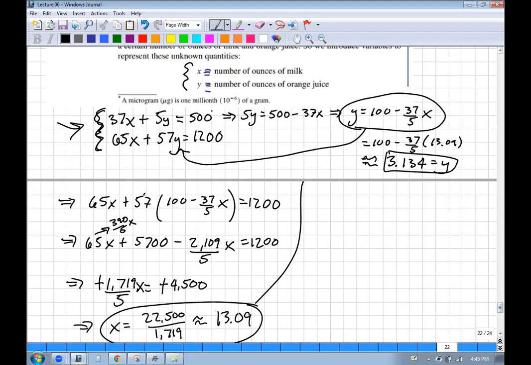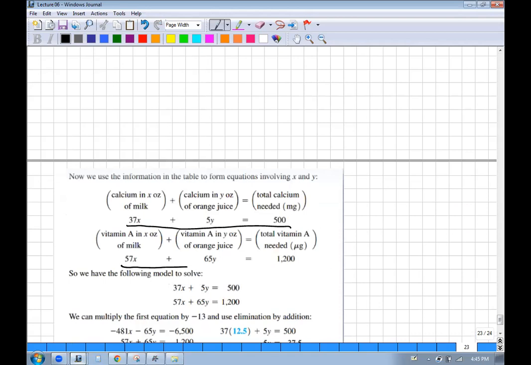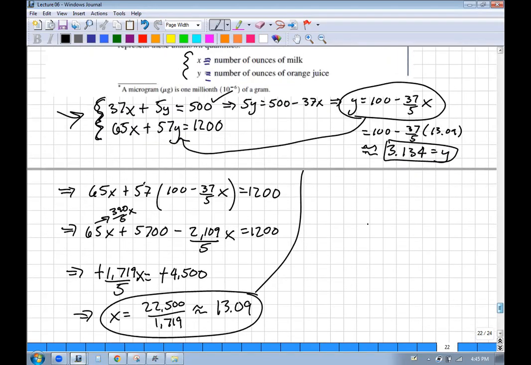And then 57x plus 65y equals 1200. I got the 57 wrong. I got my milk and my orange juice flip-flopped in the second one. That's why I got the wrong answer.